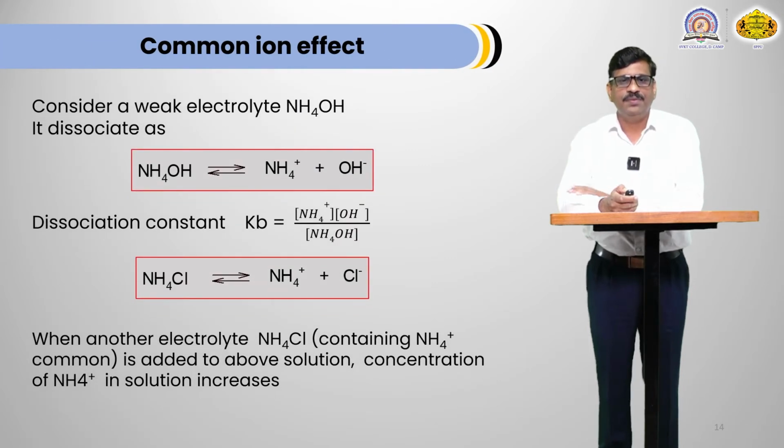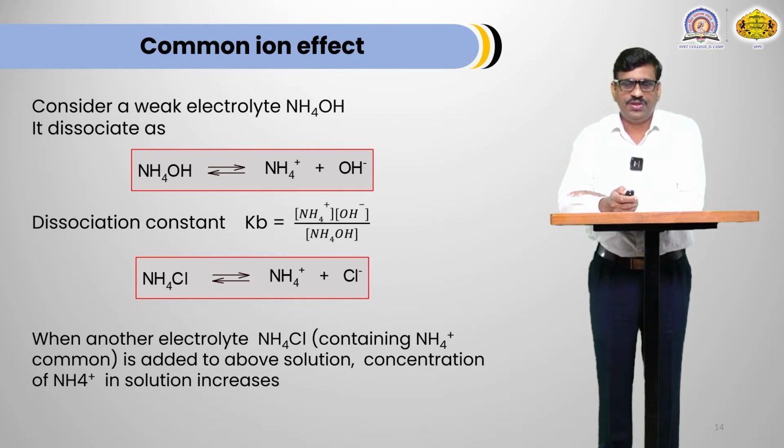In this example, let's see NH4OH as the electrolyte. It dissociates as NH4+ and OH-. The dissociation constant of this base is given as K is equal to concentration of NH4+ times concentration of OH- divided by concentration of NH4OH.